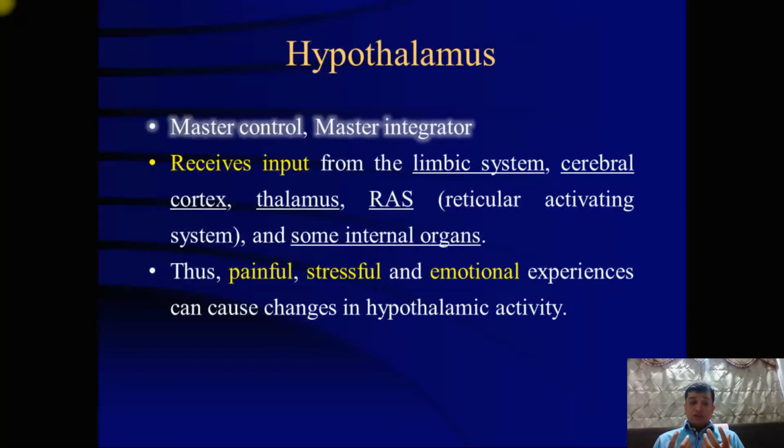So those persons who have a stressful life and bad emotional experiences change their metabolic activity and the development of the body. From this you are now able to correlate. So with this we are completing the hypothalamus.